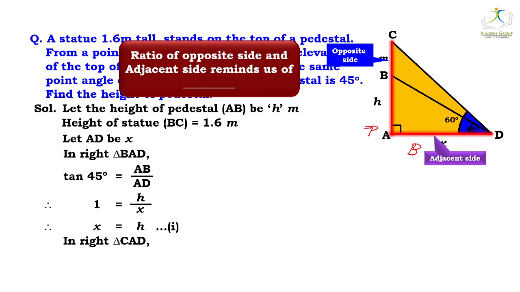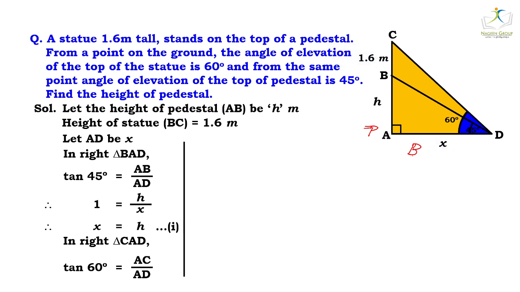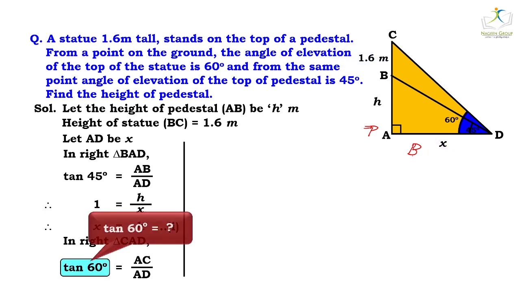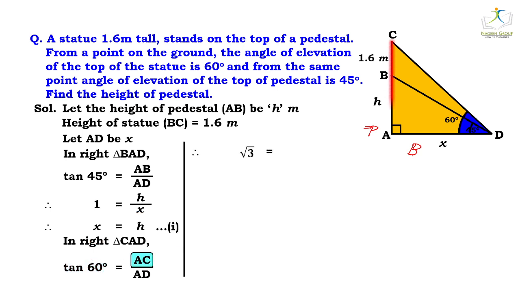Now, this is ratio of opposite by adjacent, tan theta. tan 60 की वैल्यू निकालते हैं, परपेंडिकुलर AC, बेस क्या है, AD. tan 60 क्या होता है, it is √3. √3 comes equals to AC, 1.6 plus h, right? AD, it's here x. So now √3x equal to h plus 1.6.